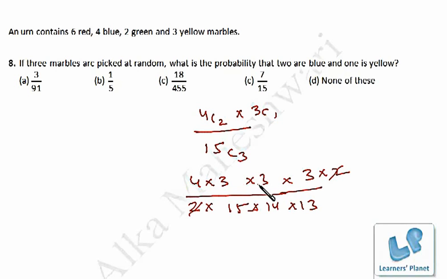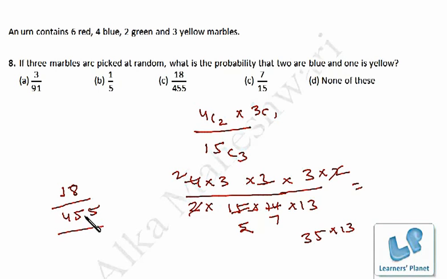Solve it very quickly. So it's 2 into 3, 6 into 3, 18 by 35 into 13. So it's 18 by 455, right?